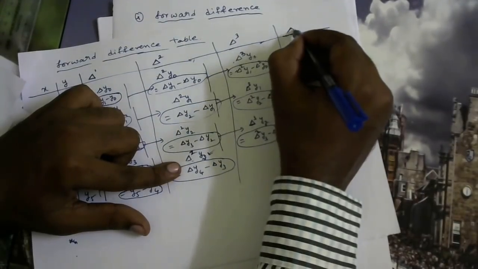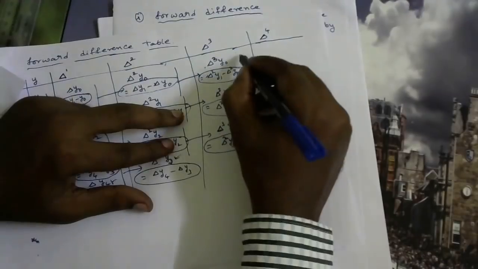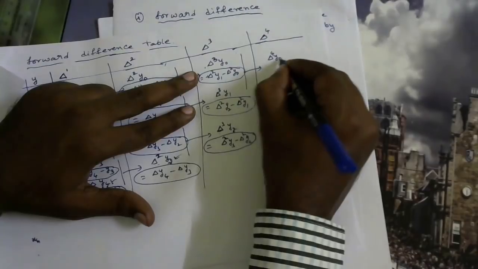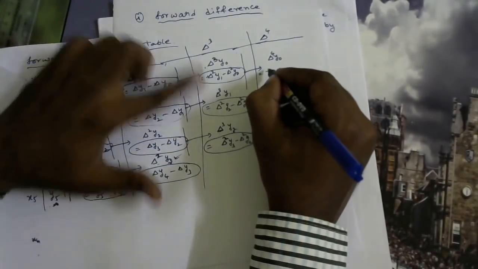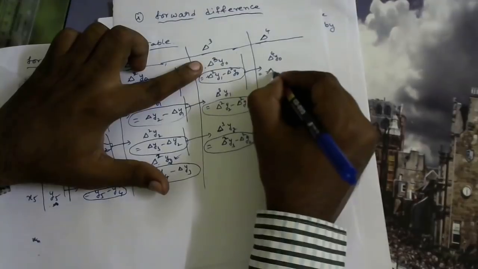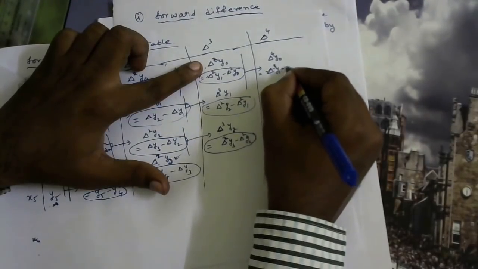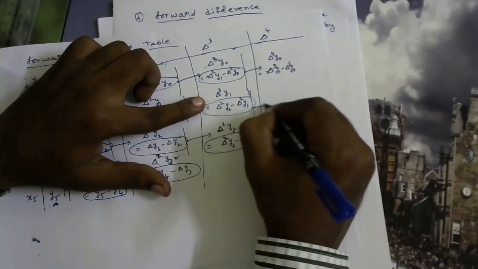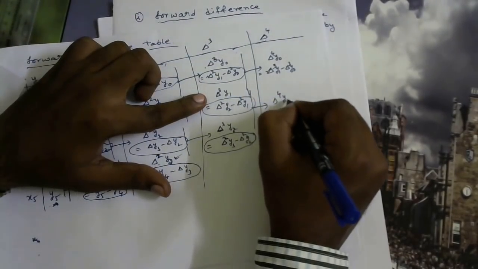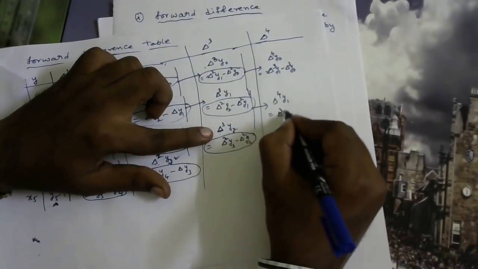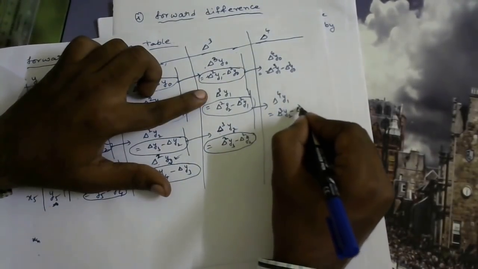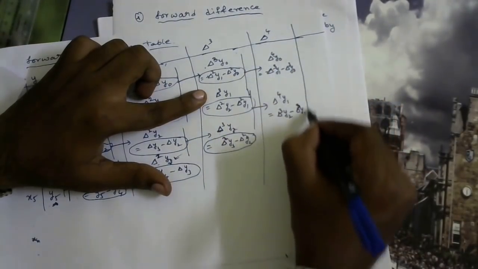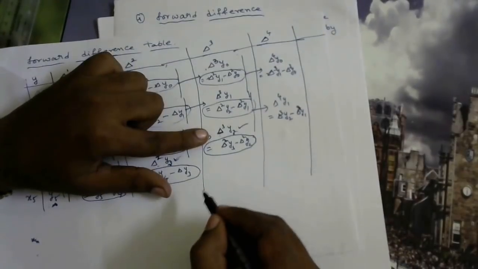What do I get in the fourth difference, delta to the power of 4? Delta to the power of 4 y0 equals delta cube y suffix 1 minus delta cube y0. Delta to the power of 4 y suffix 1 equals delta cube y suffix 2 minus delta cube y suffix 1. So here this term is eliminated.